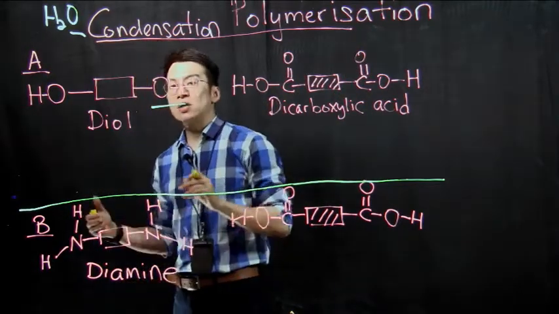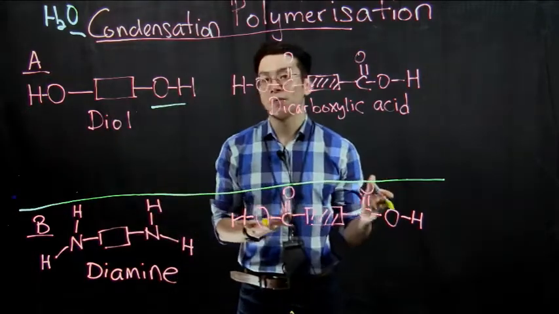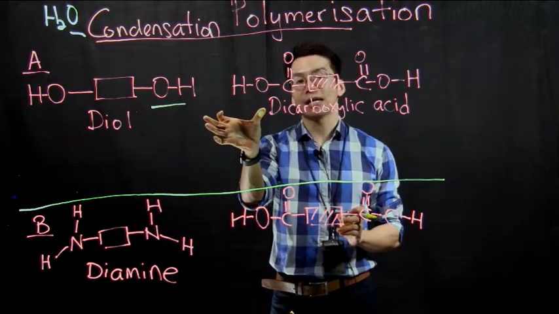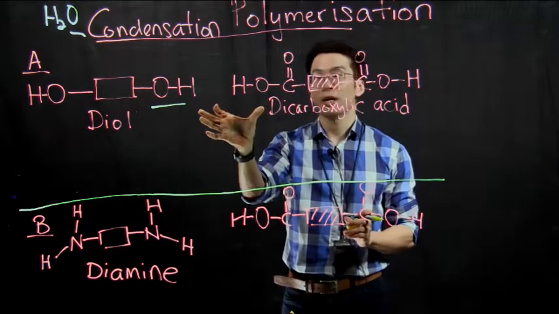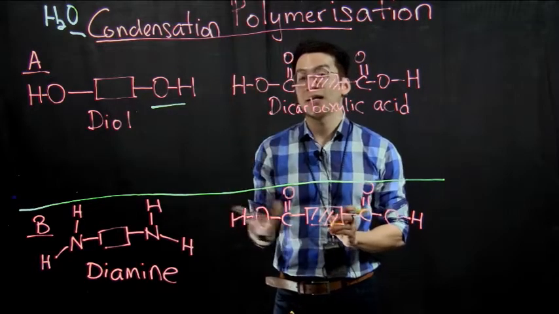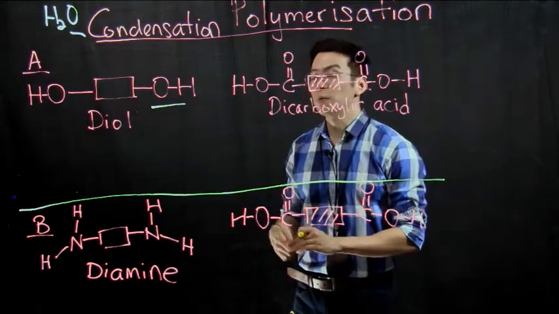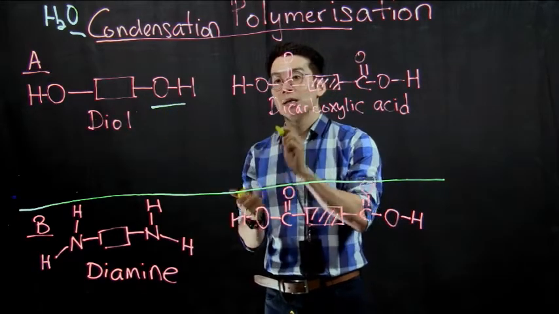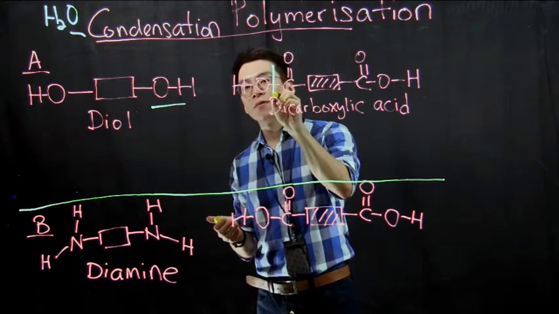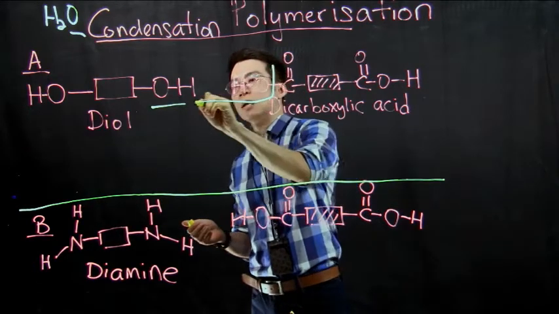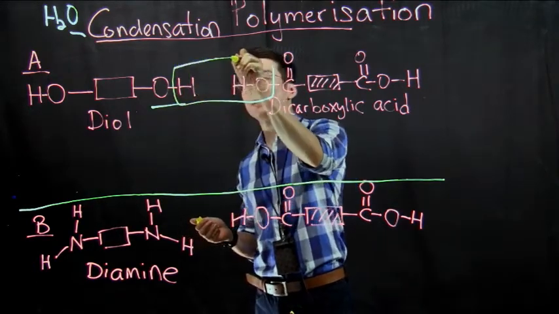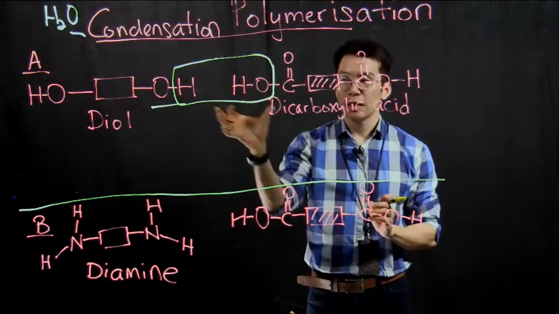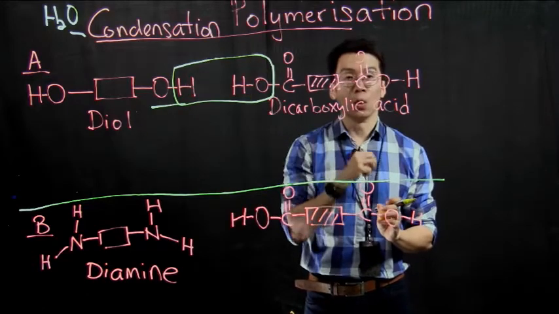As you have learned in esterification, when you have an alcohol and a carboxylic acid functional group together, esterification can happen. If you recall, when the acid and the alcohol react, the OH from the acid and the H of the alcohol will be eliminated to form H2O.